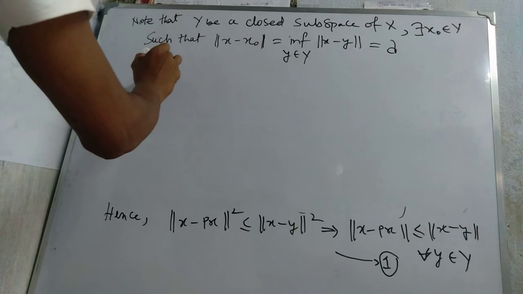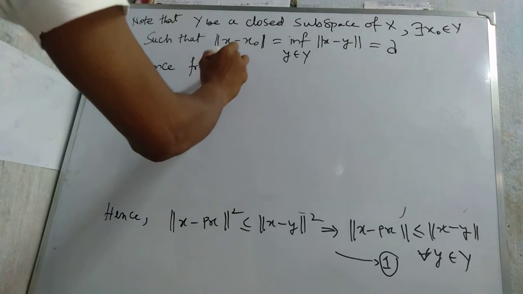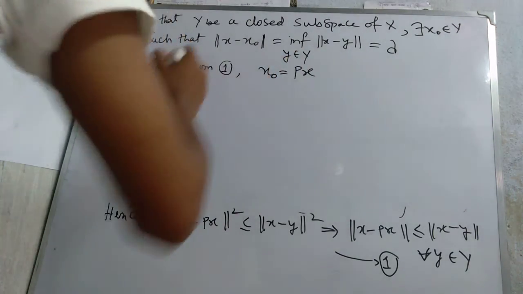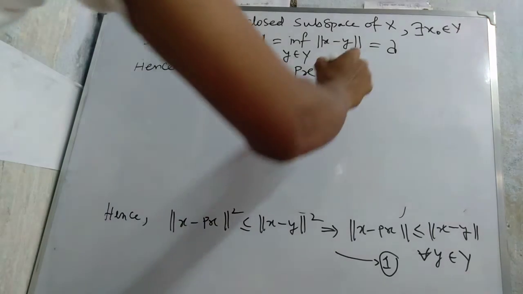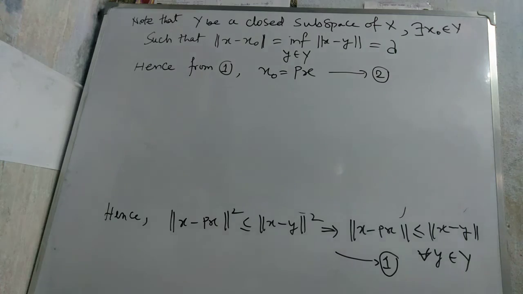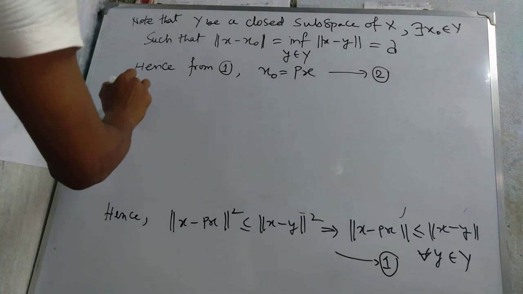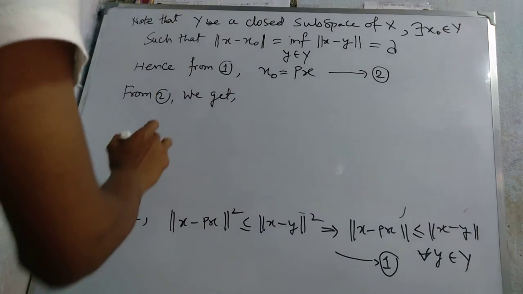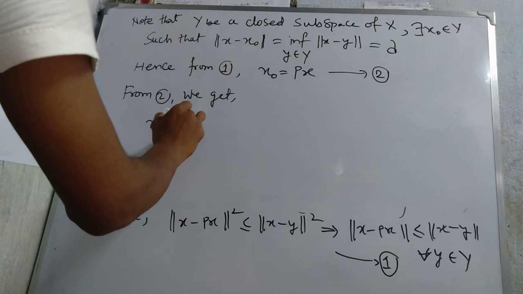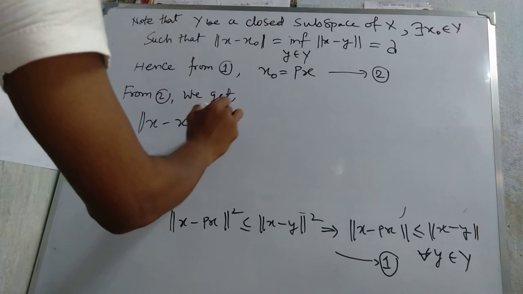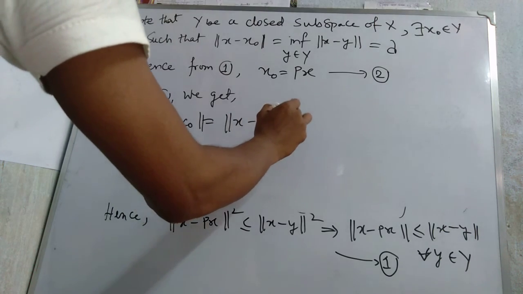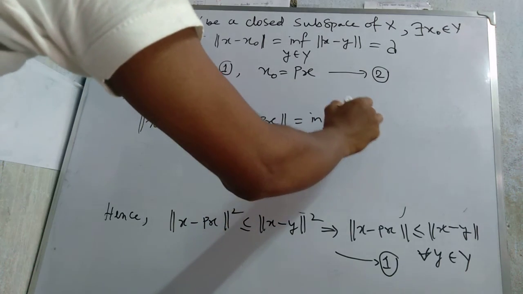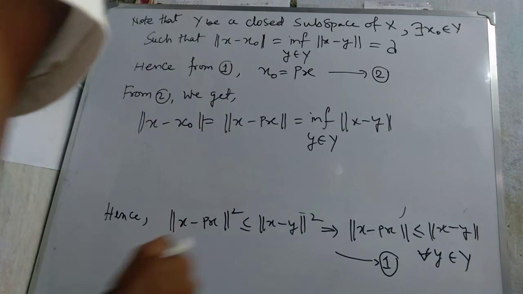Hence from 1, x0 equals Px, marked as 2. So from 2 we get the norm of x minus x0 equals the norm of x minus Px, equal to the infimum over y belongs to Y of the norm of x minus y.